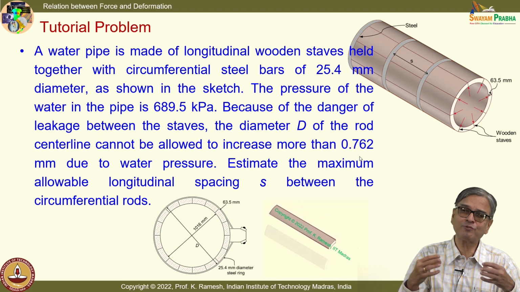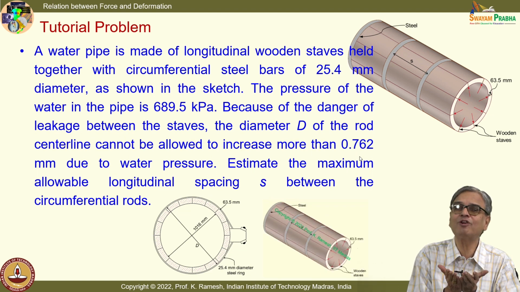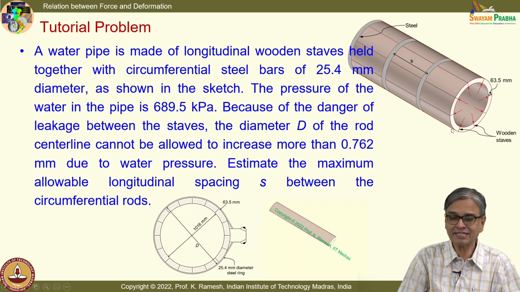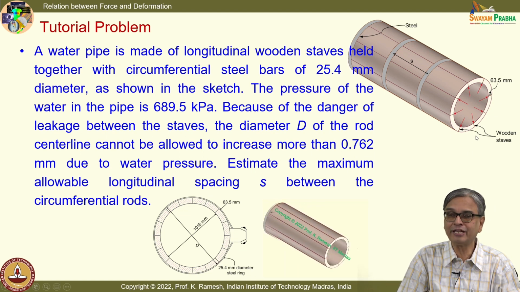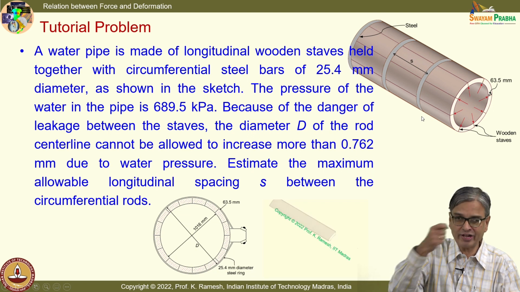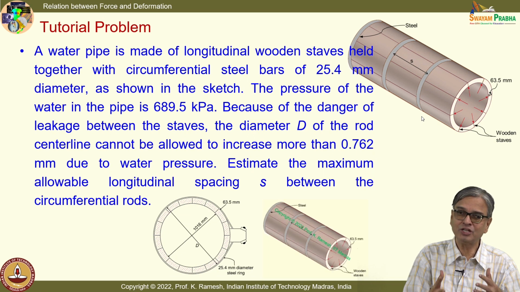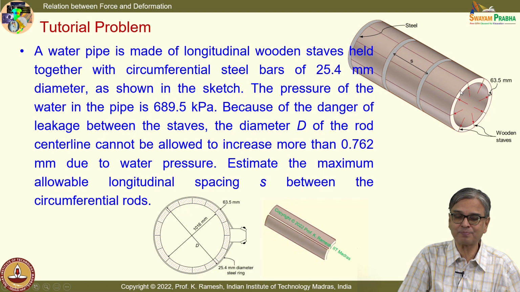So, now you have a fluid which is going inside. What essentially you have to look at is, as if wood is not supporting any load, it is only the steel ring that is supporting the load. That means you have to take S as part of your problem.